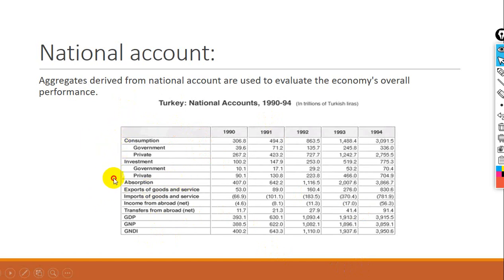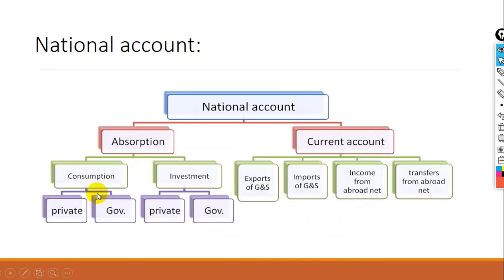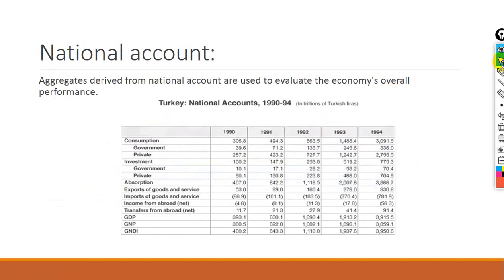Part number 1, which is absorption. This is absorption. And part number 2, which is current account, and then we are going to add them together in order to find gross domestic product, gross national product, and gross national domestic income.